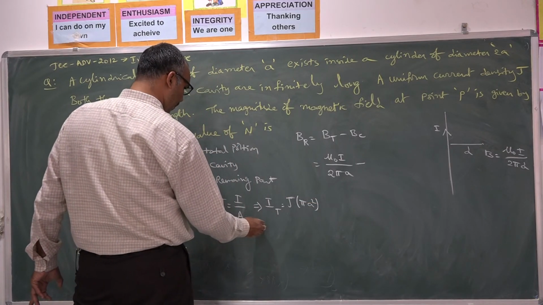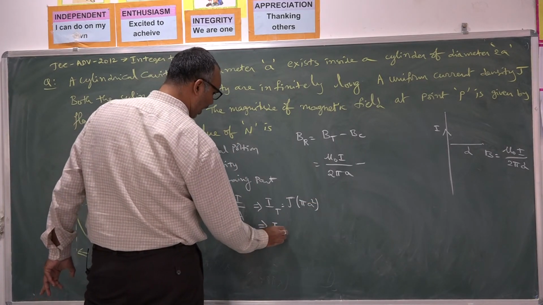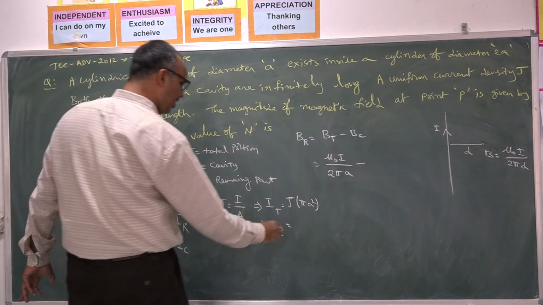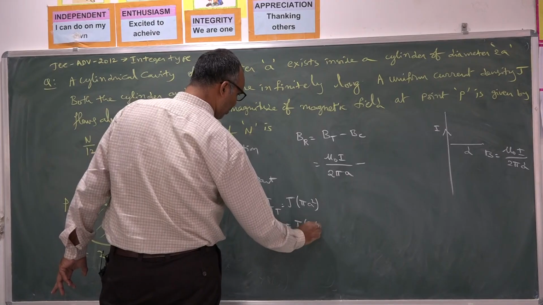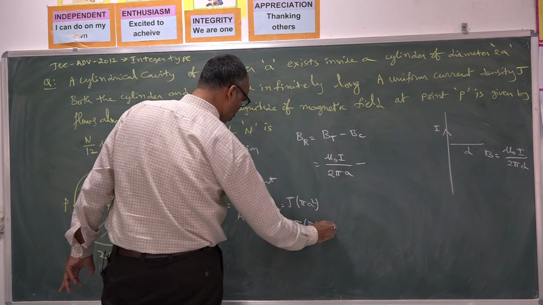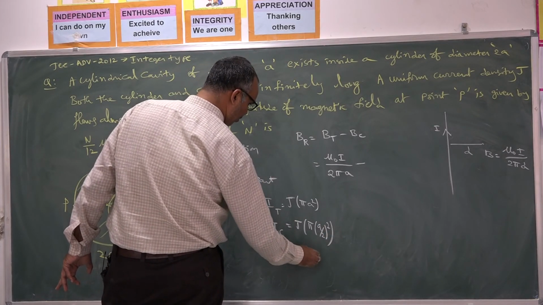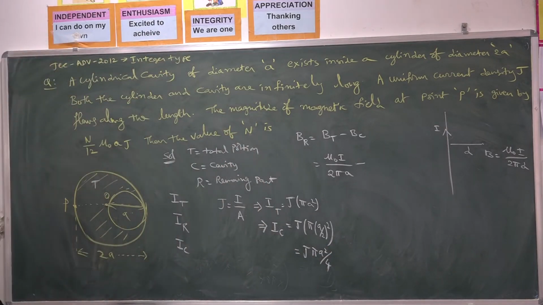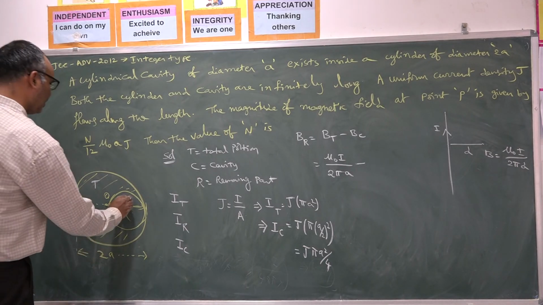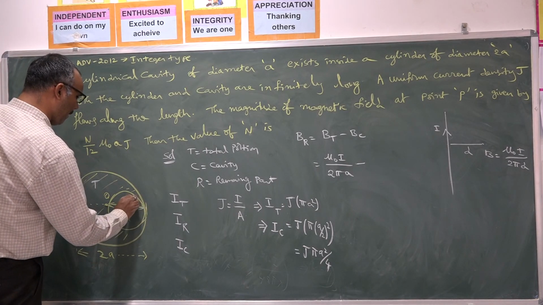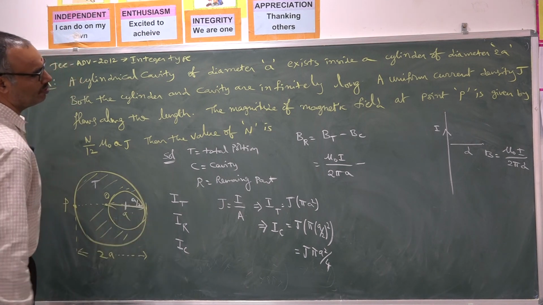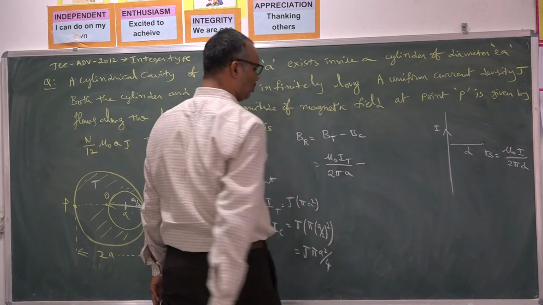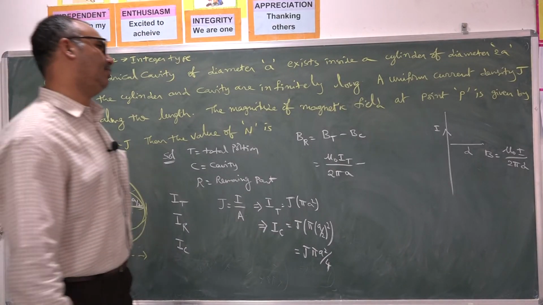If I want current passing through only the cavity shaped conductor, J into pi into a by 2 whole square, J into pi into a square by 4, because its radius is a by 2. So here I should take the total portion.